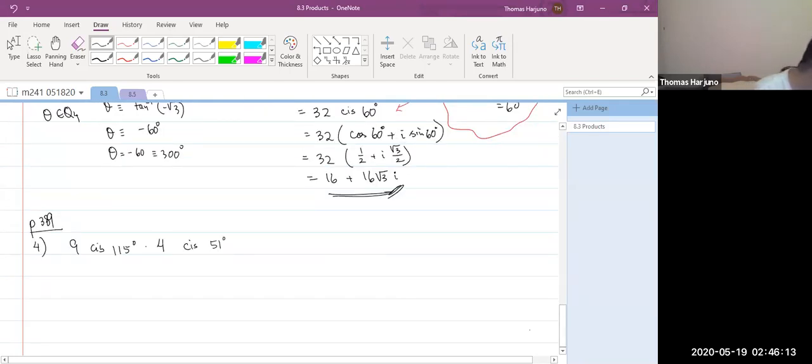That's for number 4. And then how about number 20? Number 20, we have cis 18 degrees to the power of 10.